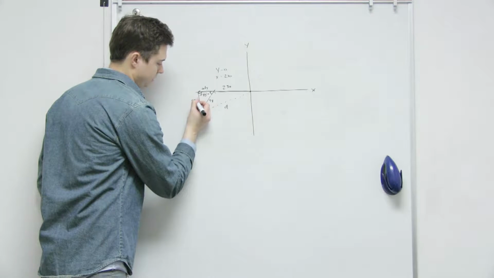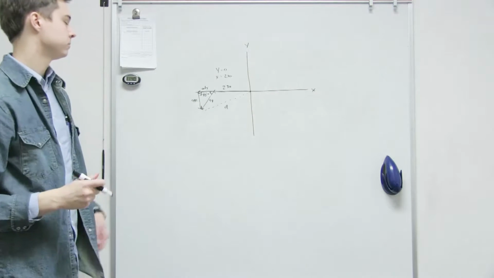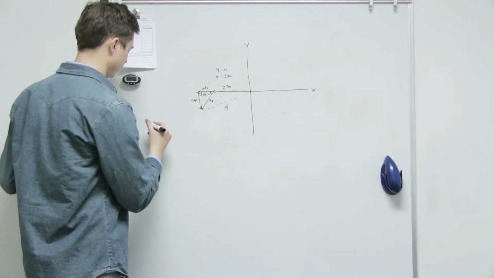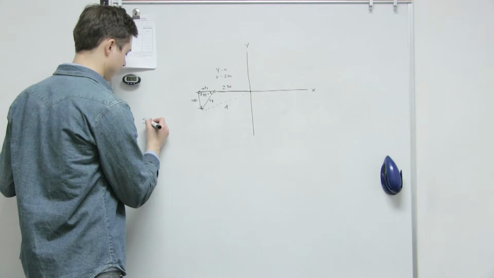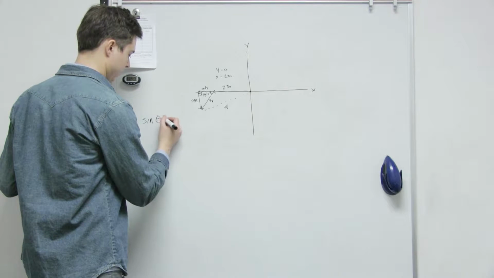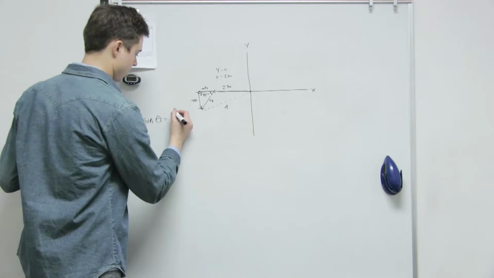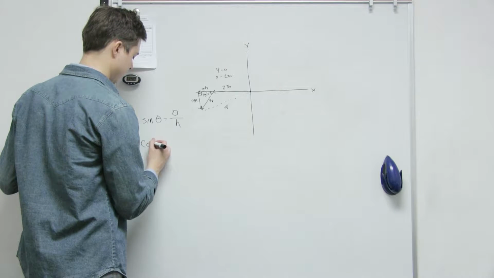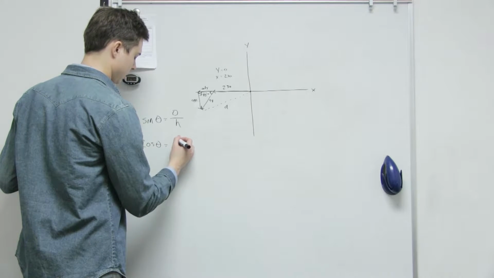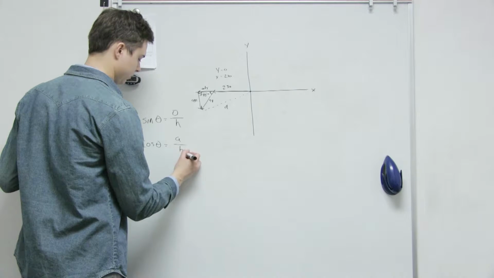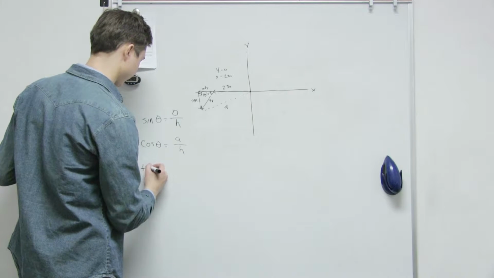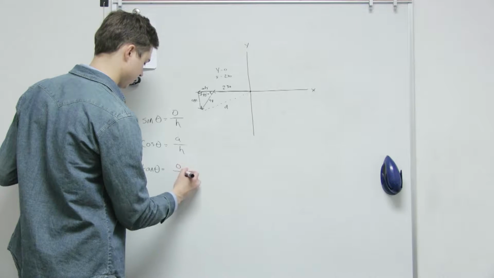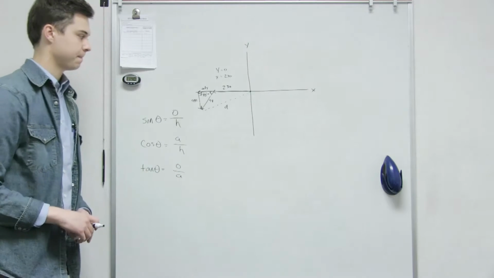So we've got a couple different tools in our arsenal. We know that sine of theta equals opposite over hypotenuse. Cosine of theta equals adjacent over hypotenuse. And tangent of theta equals opposite over adjacent.